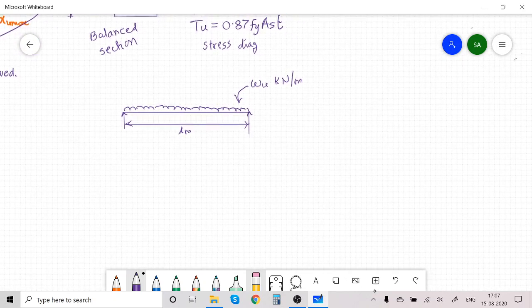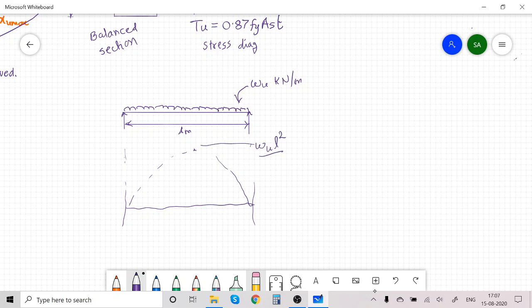Wu is what? Ultimate load or factored load or design load. In this case, the bending moment diagram is a parabola having maximum bending moment at the center, which is equal to WuL square by 8. This is the maximum bending moment due to external loading Wu. So we can call this the external bending moment.